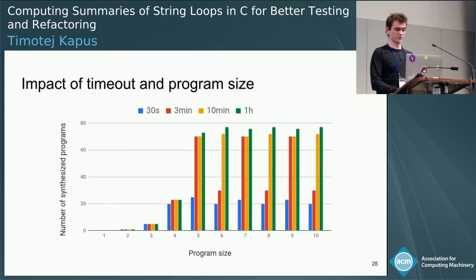But with program size 5, with a 30-second timeout, we are still at about 20 loops. But with just 3 minutes, we are already synthesizing a vast majority of the loops. And a 1-hour timeout just gives a bit more. And then going to program size 6 gives you slightly more loops, and then it kind of plateaus.